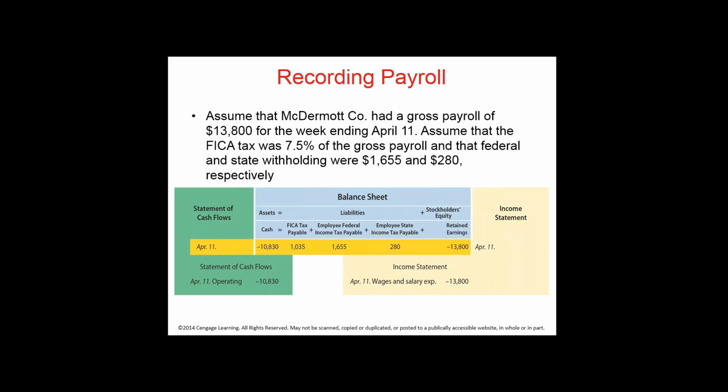Now, when we're talking about payroll, we have to consider not only the hourly rate, but all the things that are deducted from that payroll check. The company's expense is not the amount after deductions, but it's the full amount of your pay.